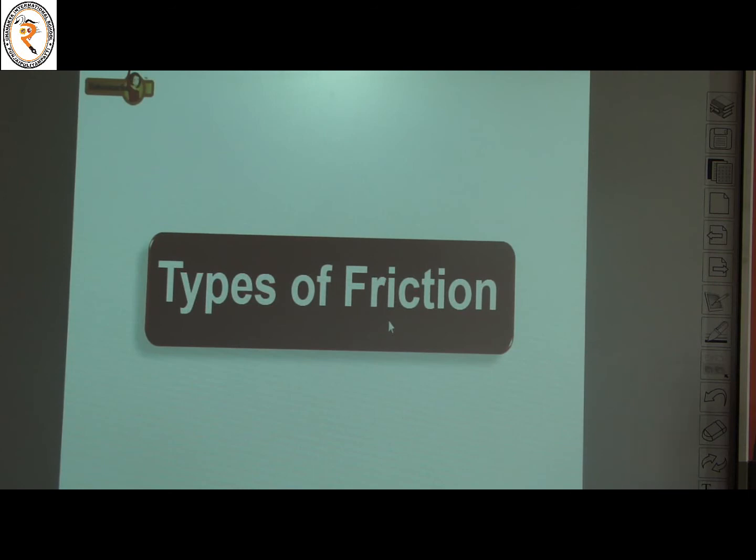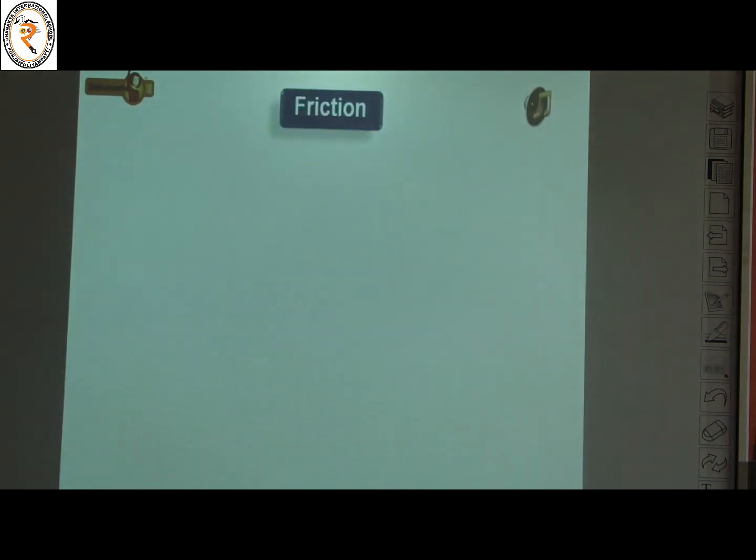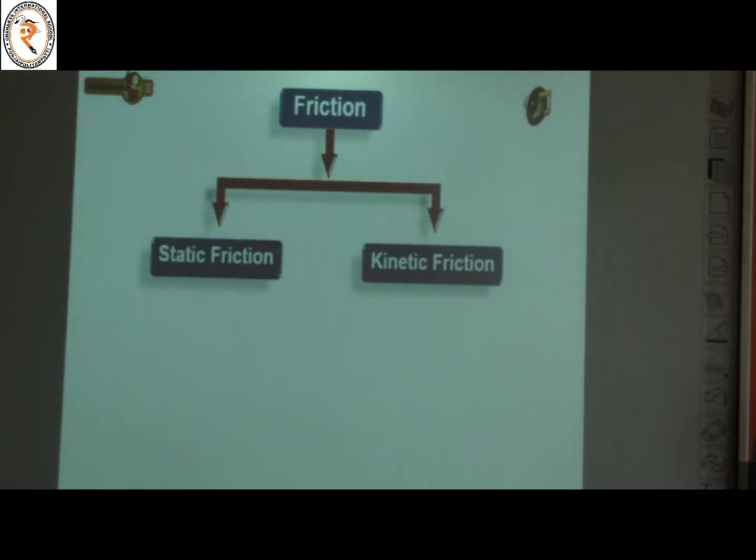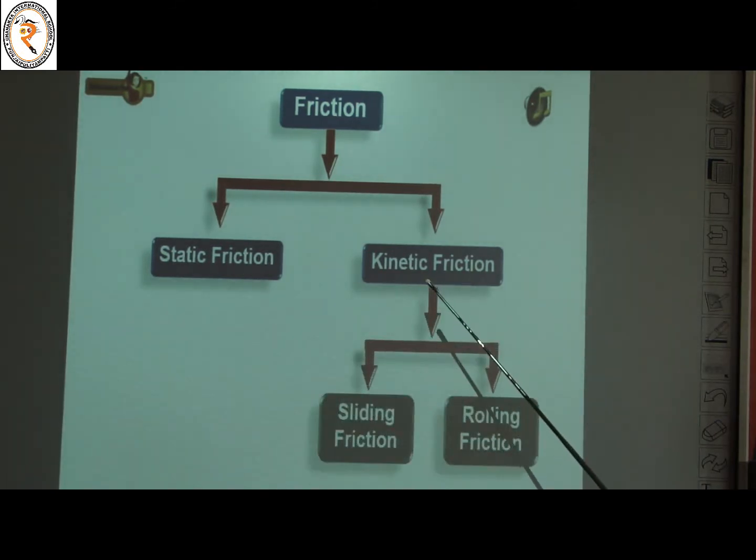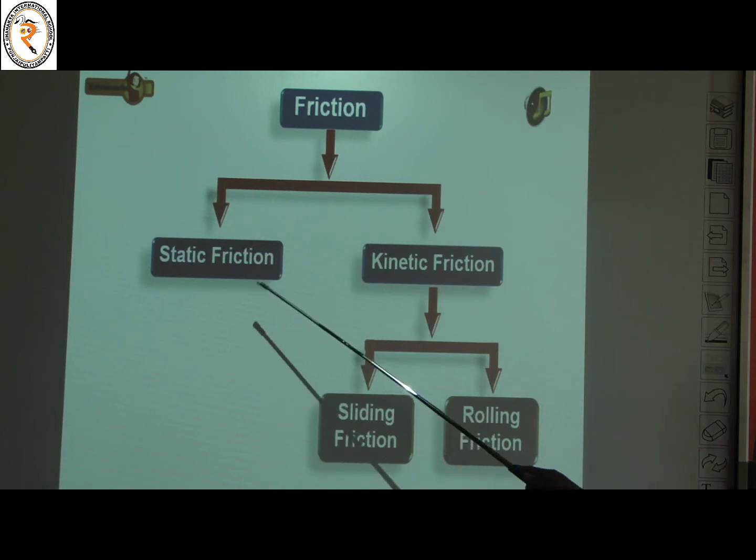Types of friction. There are mainly two types of friction: static friction and kinetic friction. The kinetic friction is further divided into sliding friction and rolling friction. So these are the types of friction. What is called static?